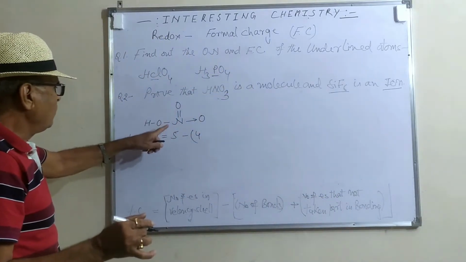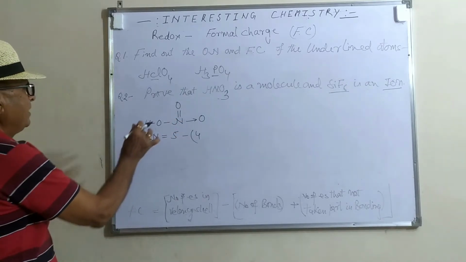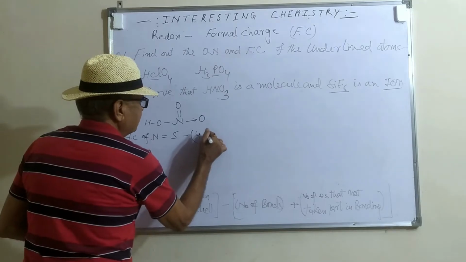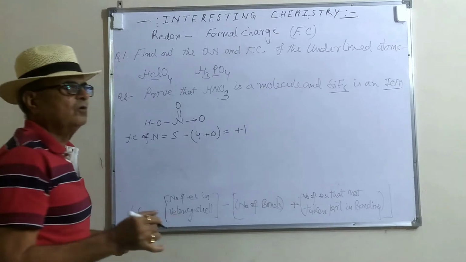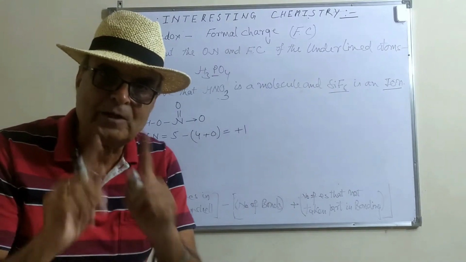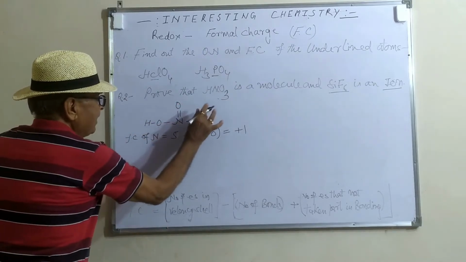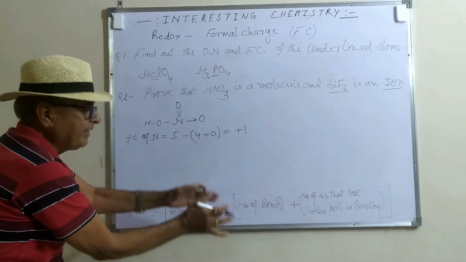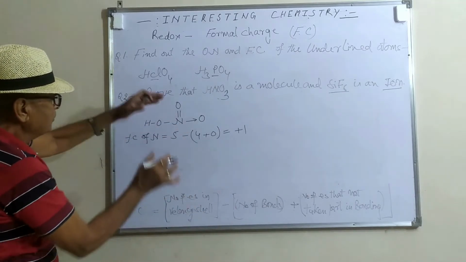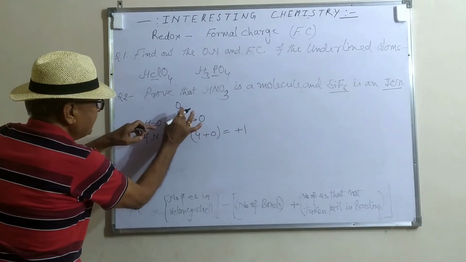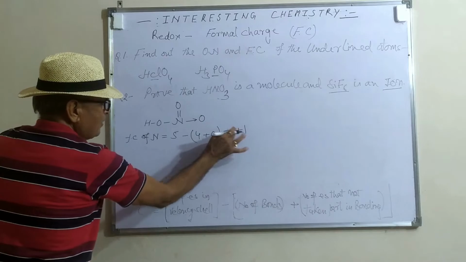There is no electron that has not taken part in the bonding, so you can write plus 0. So the formal charge of nitrogen is plus 1. You can calculate. This is the bond. So here plus 1 and here plus 1. You can write here plus 1 and minus 1. So the formal charge of nitrogen is plus 1.